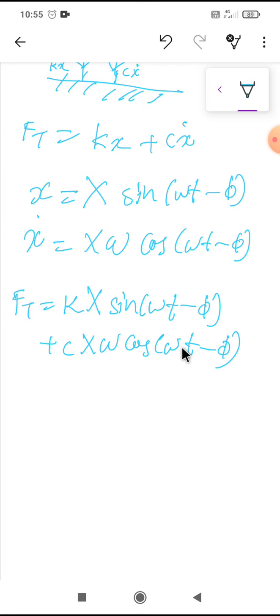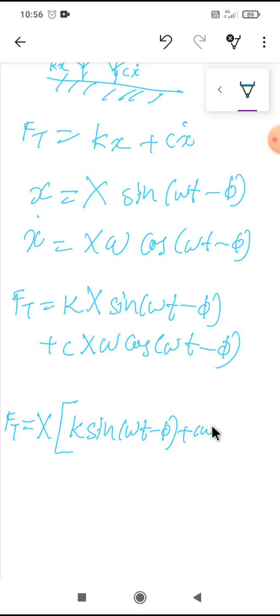So this is the transmitted force. Now if I take X as common, I am left with f of t equals X times k sine omega t minus phi plus c omega cos omega t minus phi.